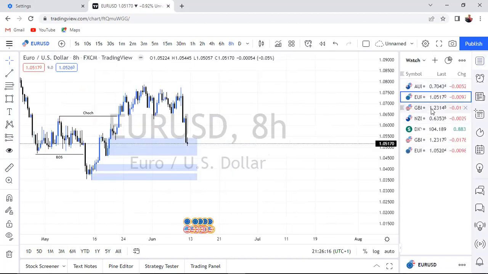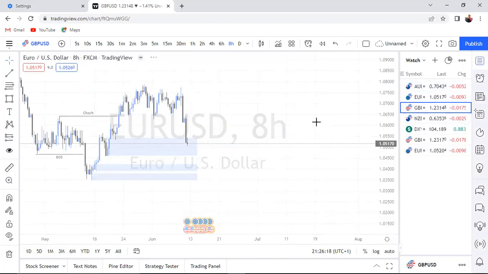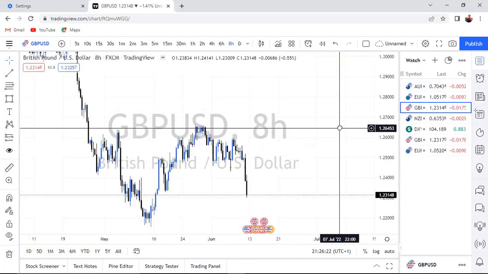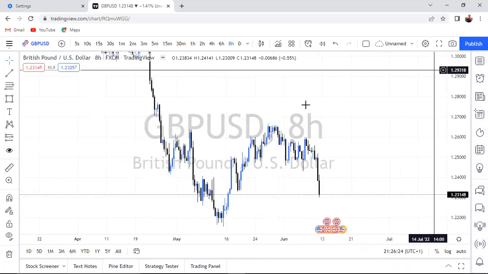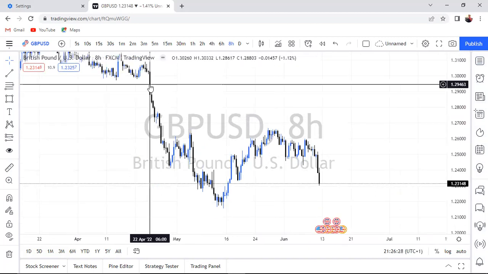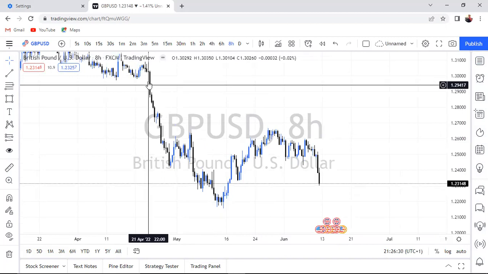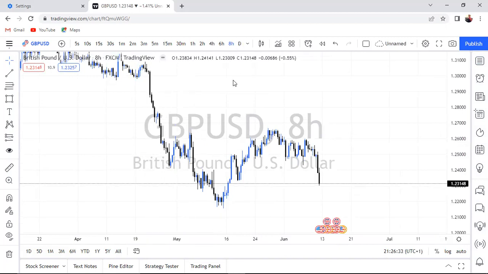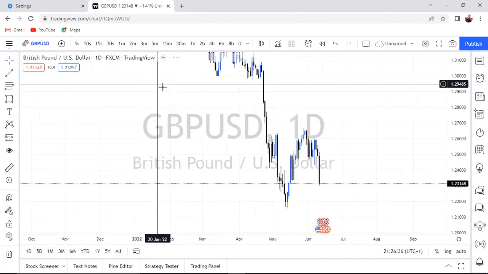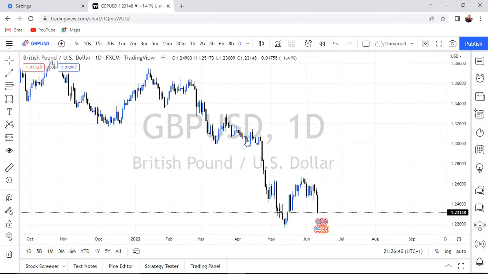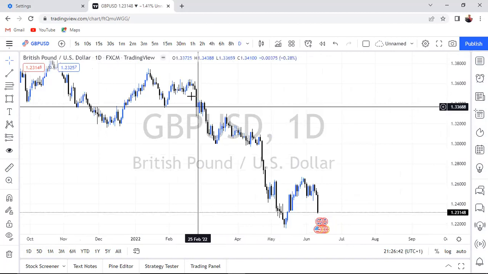Let me check for GU. Though GU also gave us that kind of intention, all this place, this is imbalance here, right? So we are thinking the market can be looking forward to coming to these points or even go up beyond that.